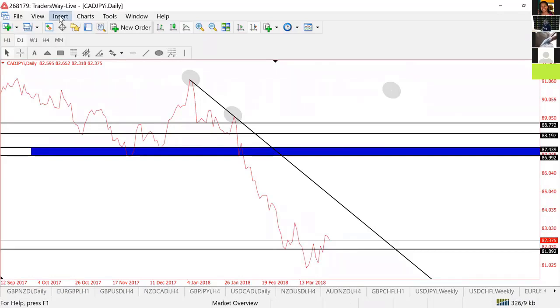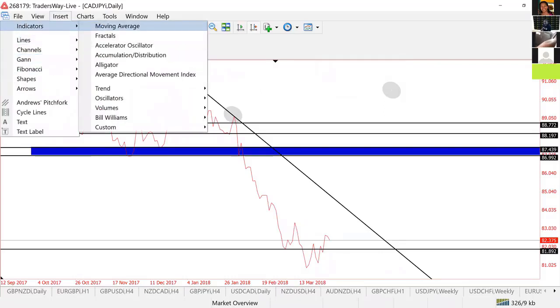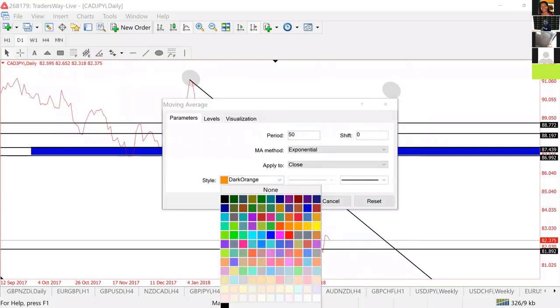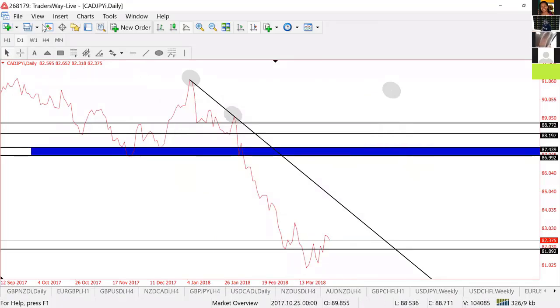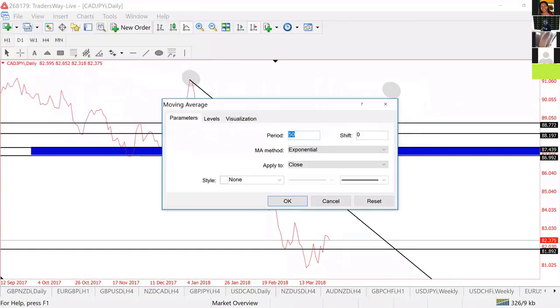You can do one of two things. You can go ahead and grab a moving average. You can do a 50-period moving average. And as long as the market is below this 50-period moving average, where did it go? Moving average, 50-period.